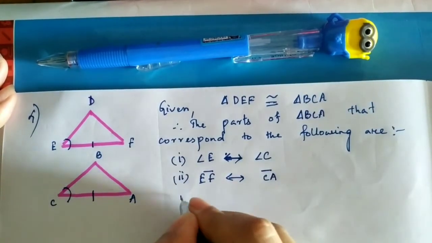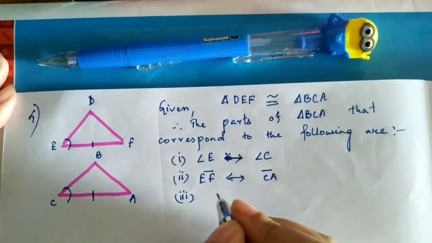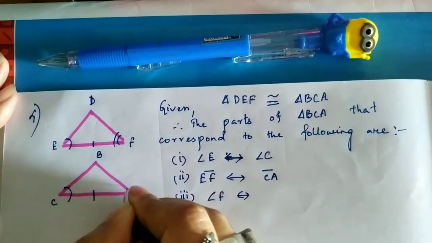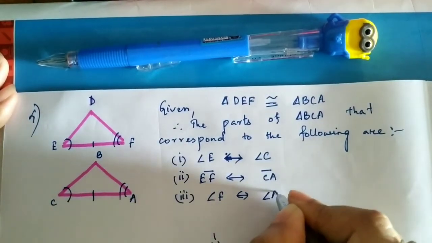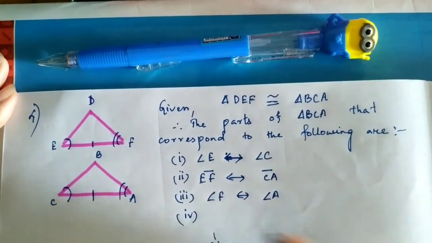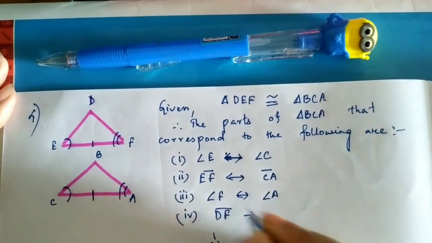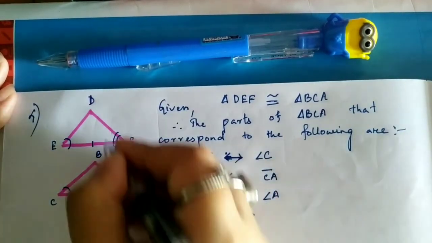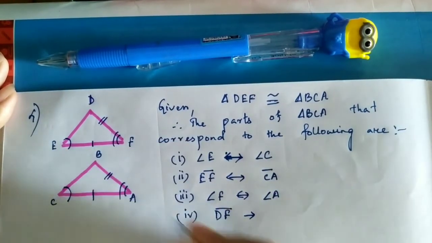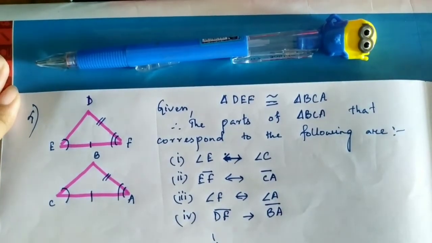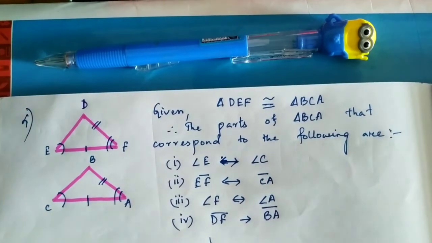Number 3, angle F corresponds to angle A. And the last one, DF. If it is given this way, you will take this, corresponds to DA, and hence we get all the corresponding congruent parts.